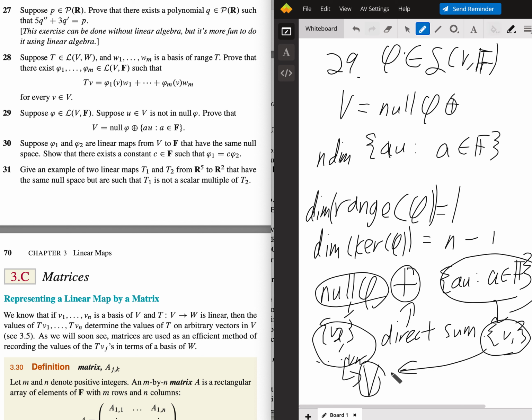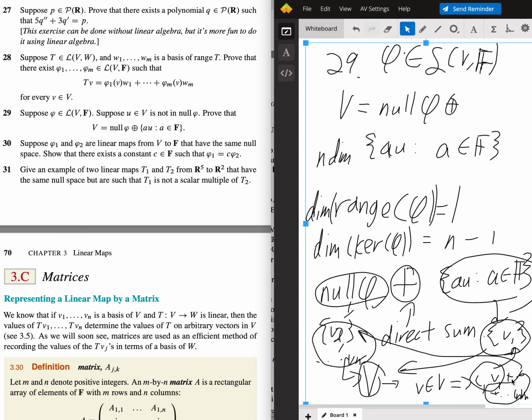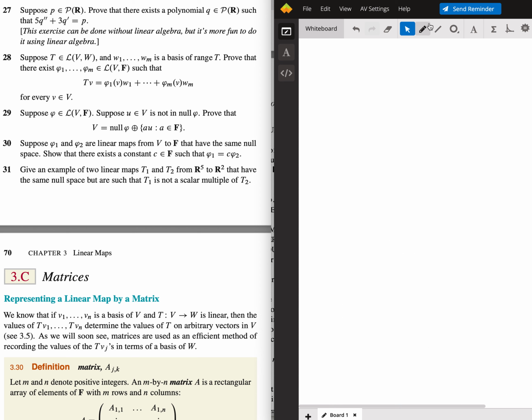It's quite sensible because any element in V can be expressed as a linear combination of the basis elements, which can then be broken down into an element of the null space and an element not in the null space. And that all is quite interesting.